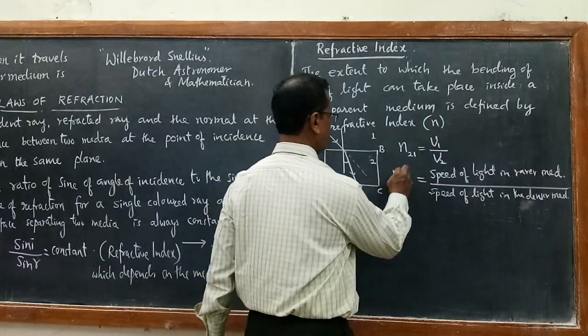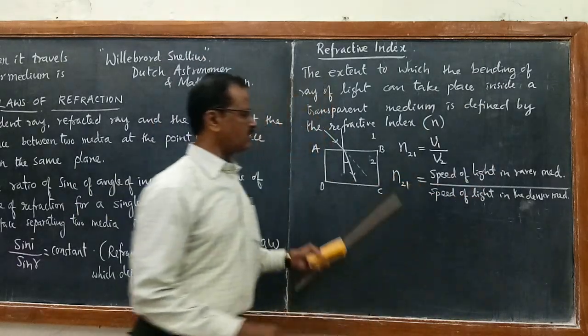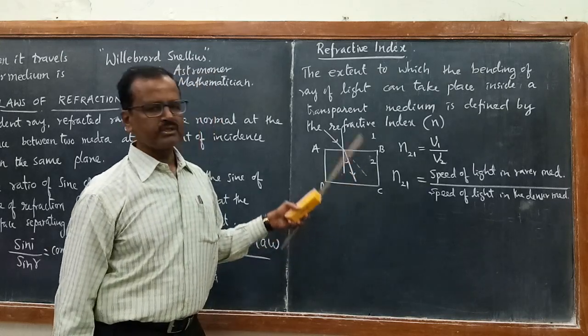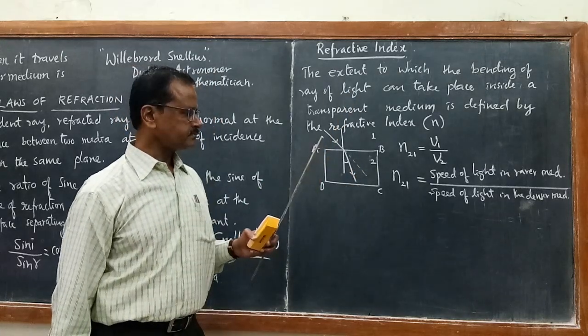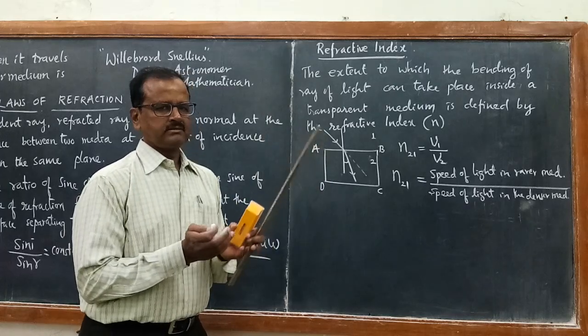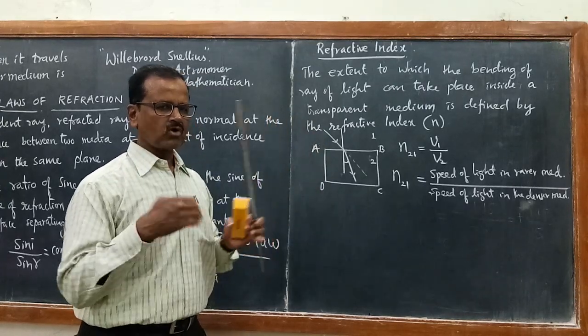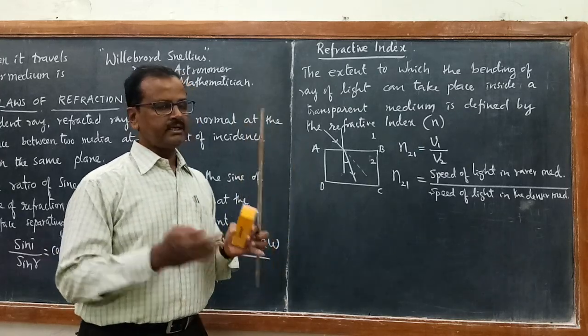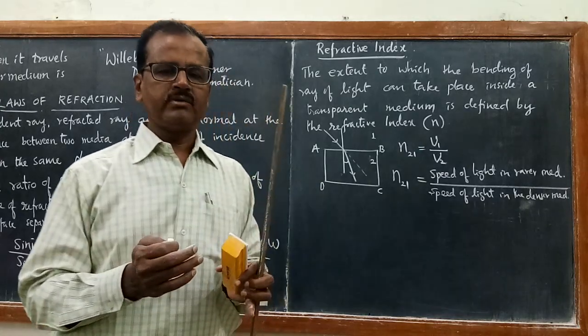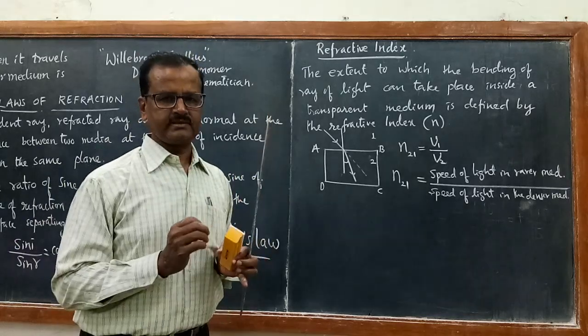This is how we call it the refractive index of the denser medium with respect to the rarer medium. Denser means thicker medium, rarer means less thick medium, in common terms. But here denser and rarer are with respect to the path of light.